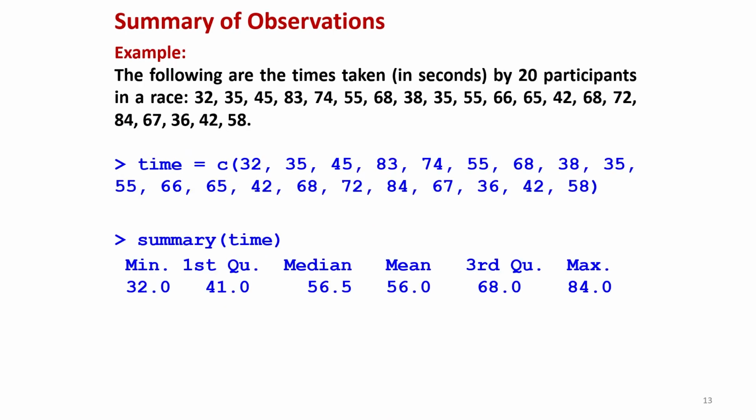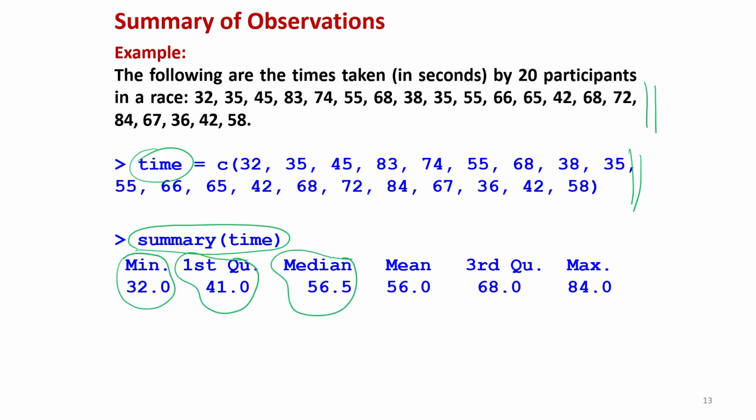For example, take the same example where the time taken by 20 participants in completing a race has been recorded like this, and this data has been stored in the data vector time. If I find the summary of time, it will give me the minimum value, first quartile, second quartile which is the median, then the arithmetic mean, third quartile, and the maximum value.